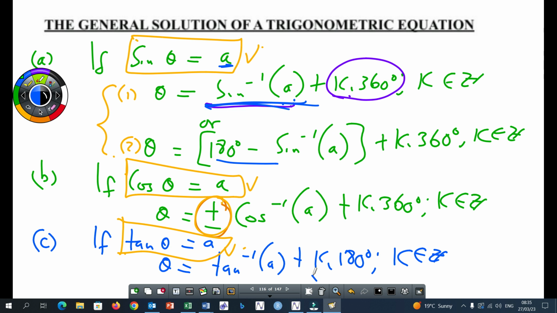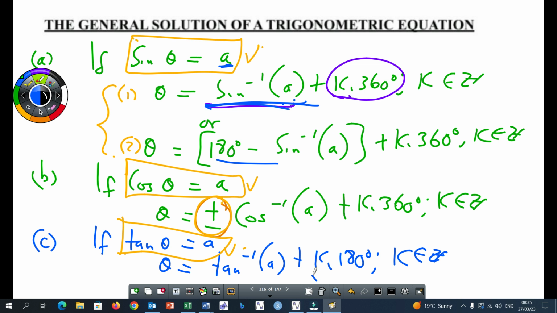Alright, let's carry on. Do you understand what I'm saying? Yeah, okay, I'll just give you an example. Especially for cos. Cos is interesting because this plus or minus, it caters for both cases. When the ratio is positive, quadrant 1, quadrant what? 4.